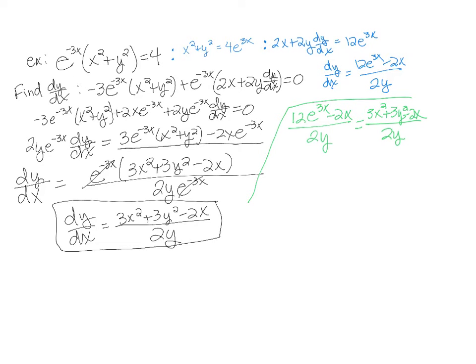Well, these two y's are the same, right? They'll kind of cancel out and we'll be left with the tops. Well, both of these tops have minus 2x, so those can cancel out. So now look at what we have. We have 12 e to the 3x equals 3x squared plus 3y squared.